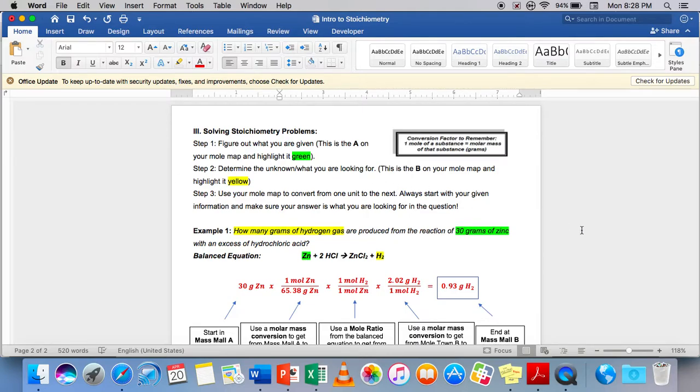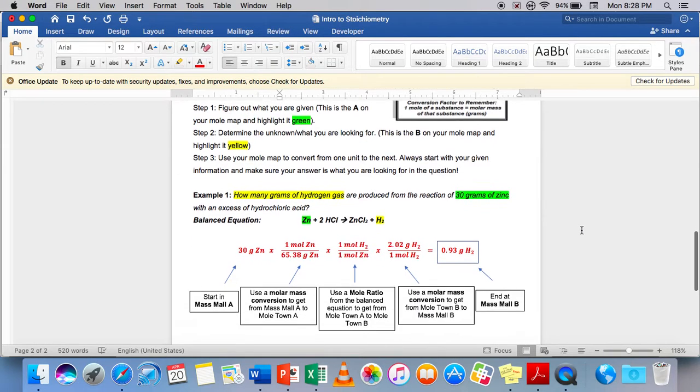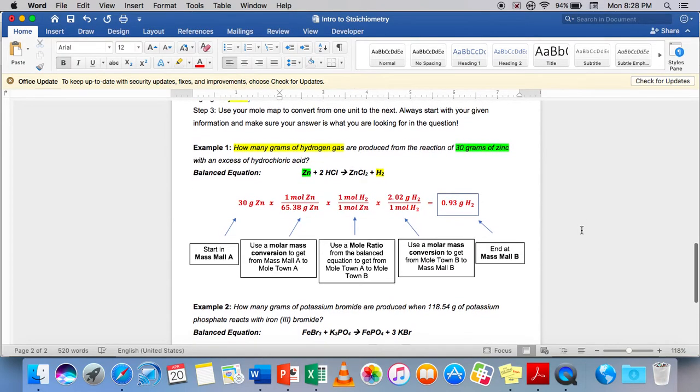So what I want to do with you all is look at the first example that is already completed for you. And I'm going to take you through step by step and talk about what is going on and how we do the problem.